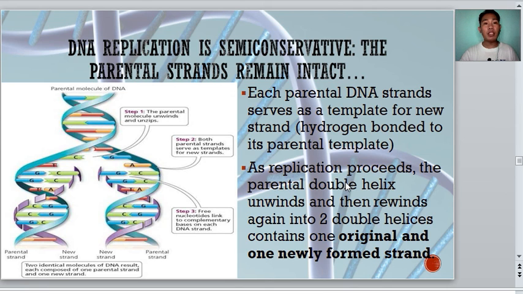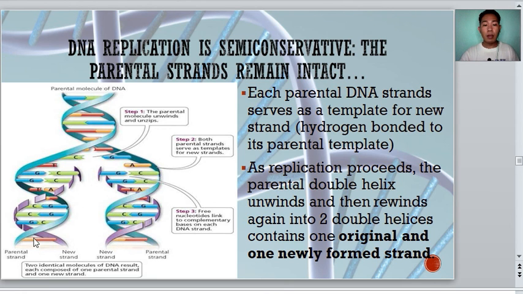As replication proceeds, the parental double helix unwinds and then rewinds again into double helices that contain one original and one newly formed strand.